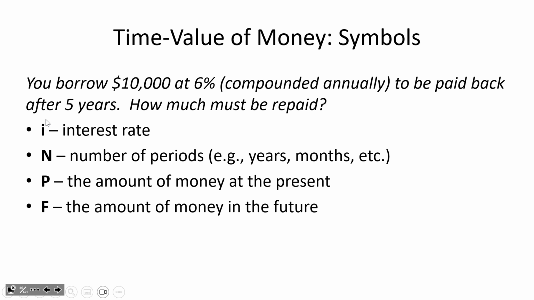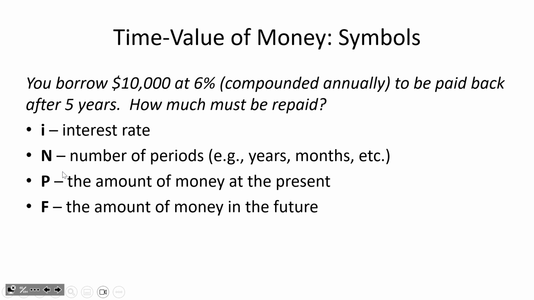So when it's a lowercase i, we're talking about a percentage, expressed as a percent per year. N is the number of periods that are applicable, and so in this problem statement where it says in parentheses compounded annually, that's telling us that there's one compounding period per year, 5 years is the period, so then N would be 5 in that problem.